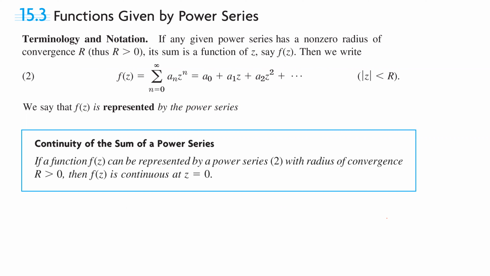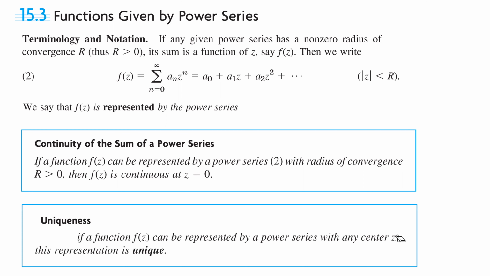And if a function can be represented by power series with radius of convergence R that's greater than 0, then f of z is continuous at z equal to 0. The continuity follows because you can write it as a series here, and each one of these is continuous, and especially because the series is convergent at that point.